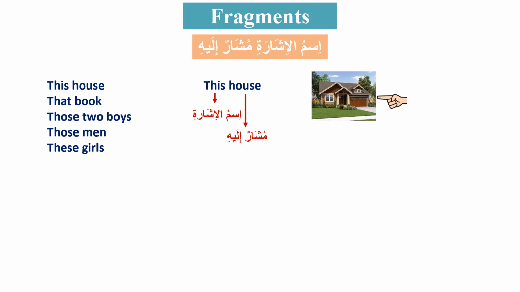Brother Umar Farooq, can you tell me, those 2 boys, what is ismul ishara and what is musharun ilay? Ismul ishara, those pointing, what is those? And 2 boys are musharun ilay. Very good. Thank you, Brother Umar Farooq. So those is the word which is being used to point at something, and that thing is 2 boys. So 2 boys are musharun ilay, and those is ismul ishara.